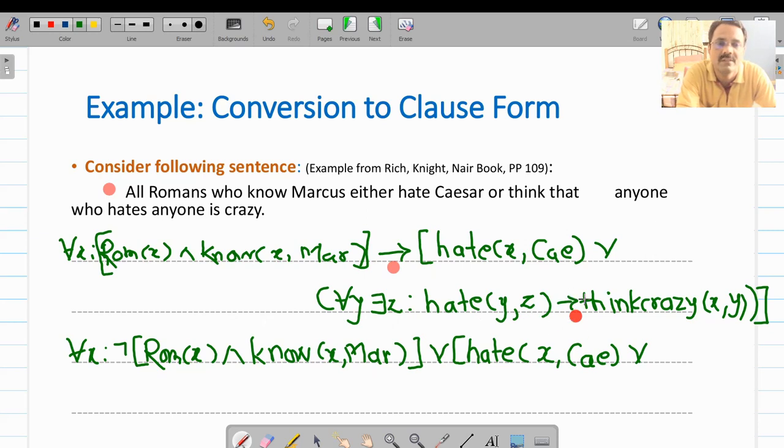Now we will remove this second implication, not of left hand side or right hand side as it is.